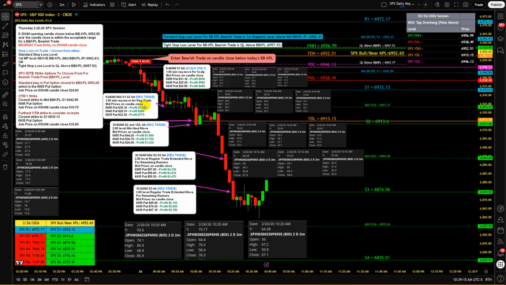If you're looking to do regular trades and extended moves, you can see the power of compounding your profits, de-risking the trade on the earlier TP levels here, leaving remaining runners that you can adjust or exit at further moves in your favor, and how the profits can greatly magnify by leaving some remaining runners in a trade so you can take advantage of expanded profits as the trade continues to move in your favor and you manage those trades level to level.